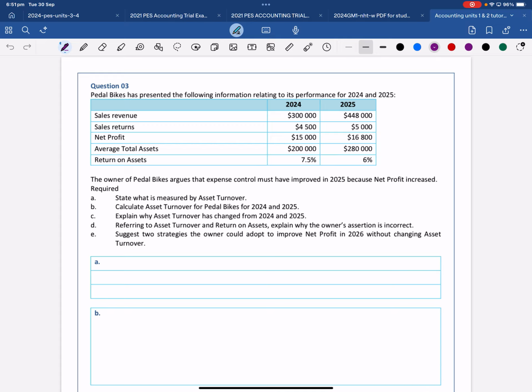For part B, guys, please leave it to 1 decimal place, because it doesn't make sense that we are rounding up.